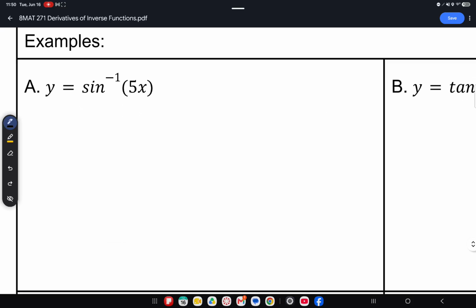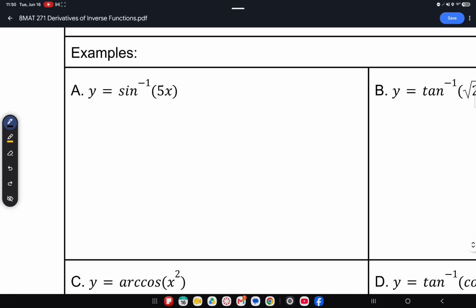All right, so inverse sine. We can go from a triangle perspective. We do have to do a chain rule here, right? So if we think about our chain rule and being the inside, u is going to be 5x.